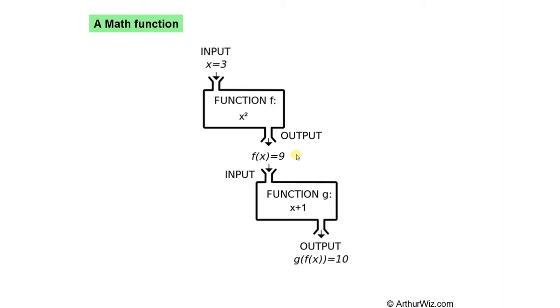And then it goes to another function, g, as input. When the 9 goes into this function, what it has to do is 9 plus 1. The result of this function will be the output, and it becomes 10 as a result.